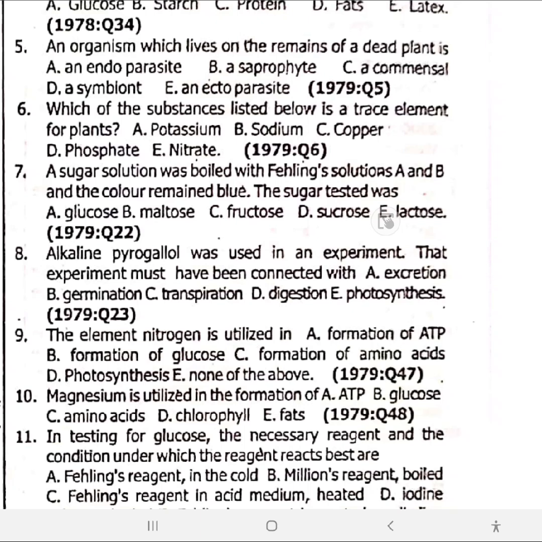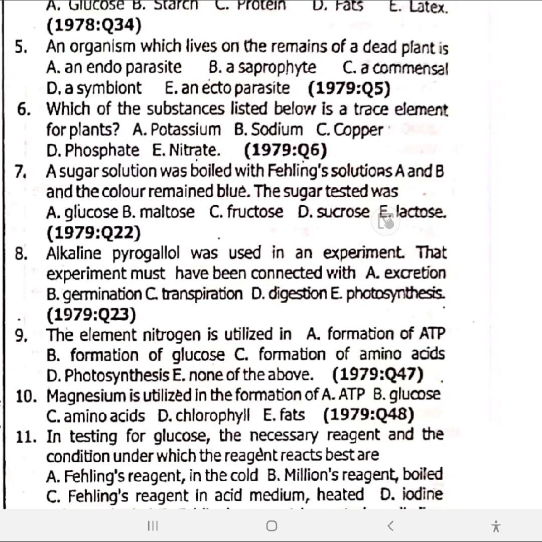So if you put Fehling solution to sucrose, the color does not change, meaning that thing is sucrose. But if you want to make the color change, you first warm sucrose with dilute hydrochloric acid. That's that point. Next point.